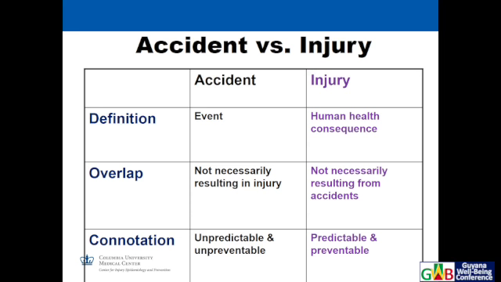So they are not the same. There is an overlap, but they are not the same. More importantly, the connotation of the two terms is, I think, what public health and medical professionals are concerned about, and why they would like to avoid using the term accident.